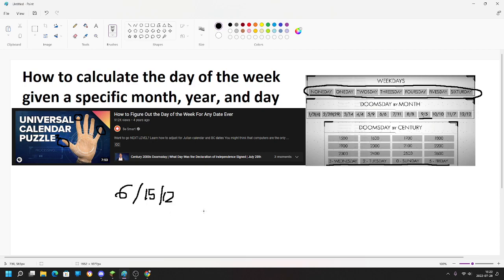So with June 15th, 2012, the code number is 2, so as we can see it's Tuesday, because 2012. So this first finger is a 2, because it's 2000. And then plus, well, actually, that's the thumb.